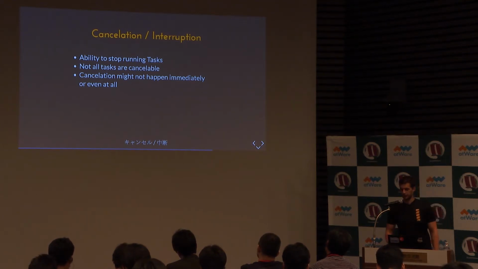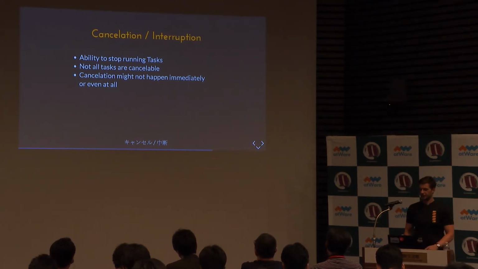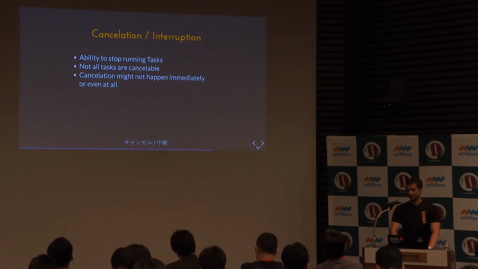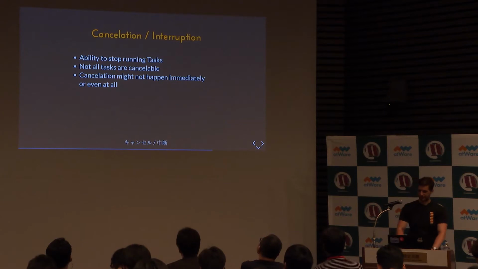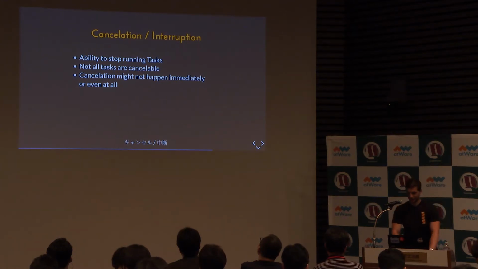And often we don't really have a guarantee that the cancellation will happen at all, because if the task inside is doing some forever synchronous action, it will just keep going forever, no matter what we do, unless we just turn off the computer.